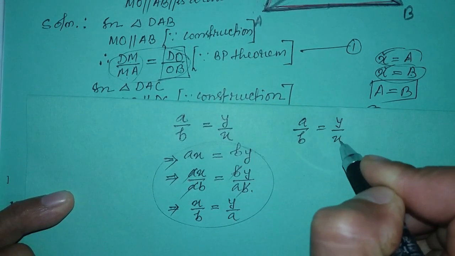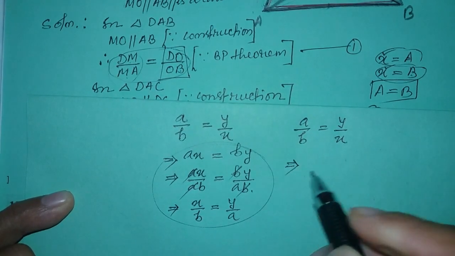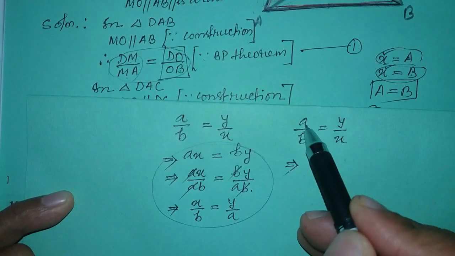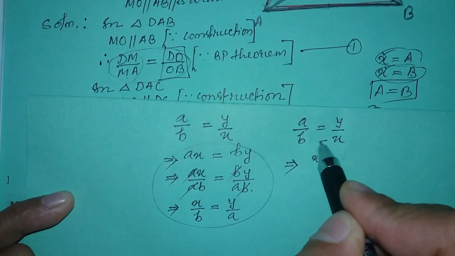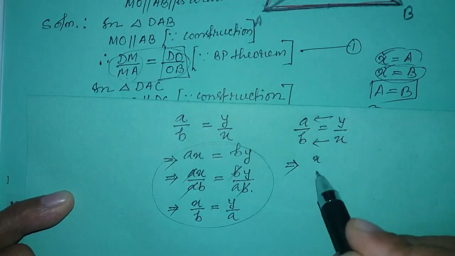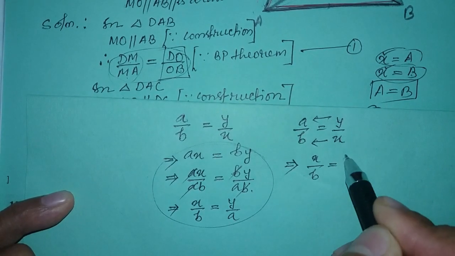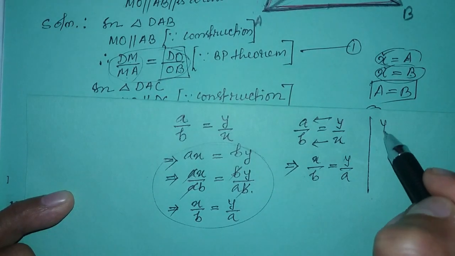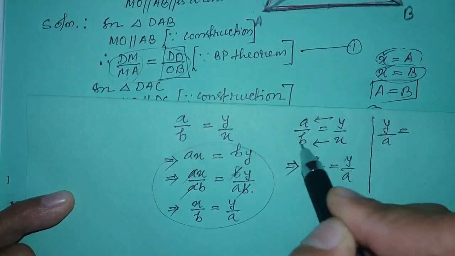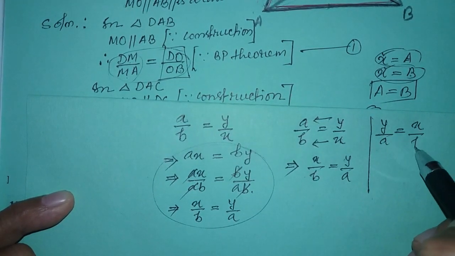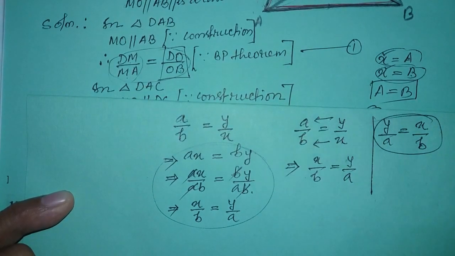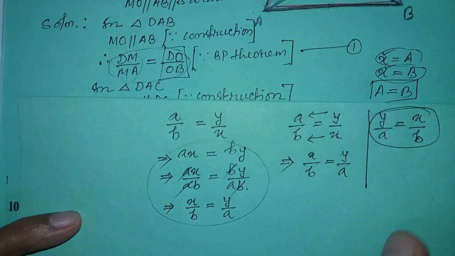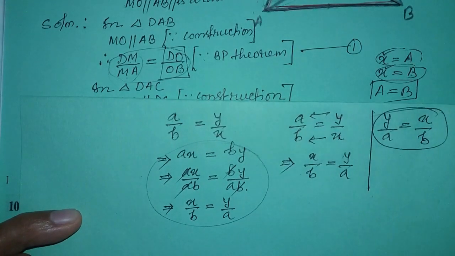If you have like this, then what you can do is you can write X by B is equal to Y by A. Or you can also write Y by A is equal to X by B. So this is one very important thing you have to remember.